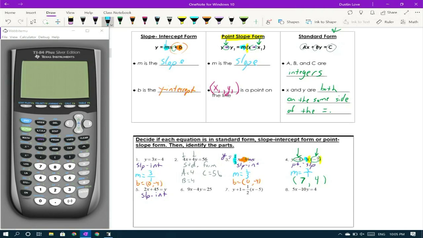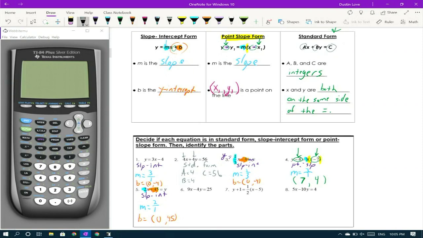So now we're going to label our slope and our y-intercept. Slope number in front of x, so we're going to put that as 2/1. Y-intercept is the constant term, which is a +45, and we're going to write it as 0, 45.